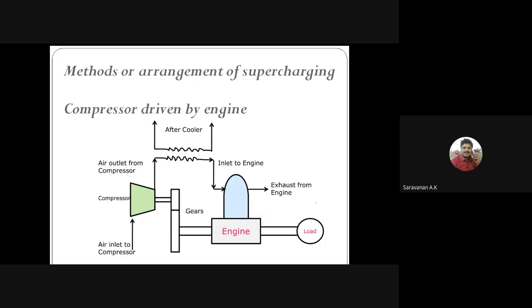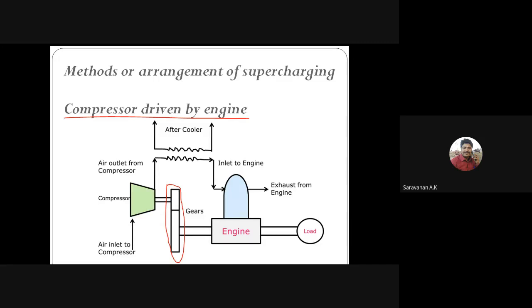The first one is the compressor driven by the engine. Here in the diagram, we can easily state the method. In this arrangement, the compressor is driven by the engine with the help of gears or a belt drive.